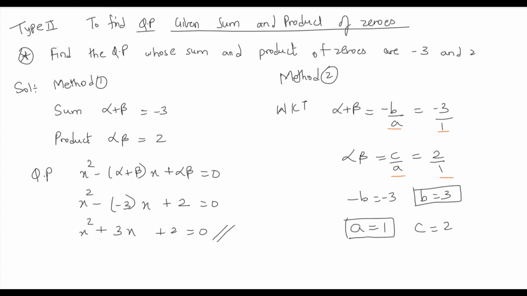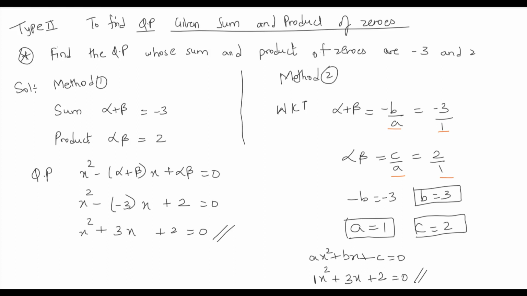c will be equal to 2. So by finding these coefficients and putting them in ax square plus bx plus c equal to 0, which is the general formula for a quadratic polynomial, we will get 1x square plus 3x plus 2.